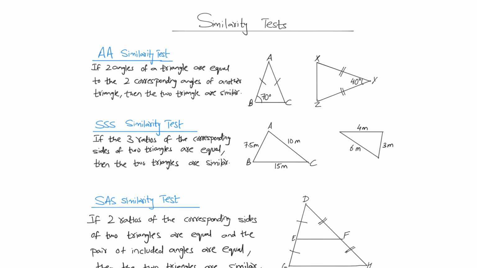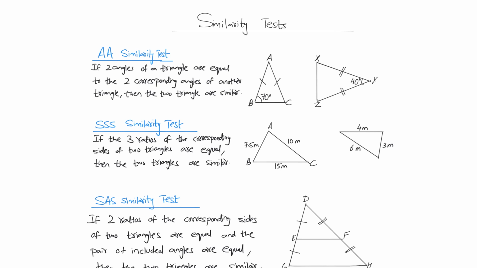Okay, so now let us go quickly over the similarity tests. How would you test for two figures to be similar, or how would you prove that two figures are similar to each other? There are certain tests that can be used to prove that two figures are similar.